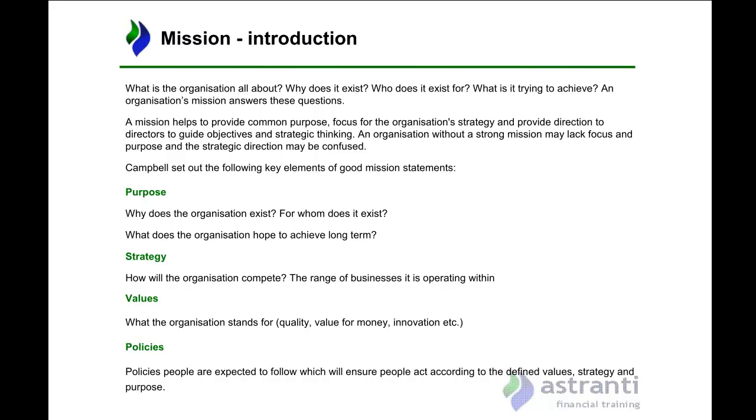Now values is more to do with what your organization stands for. I've listed a few examples here: quality, value for money, and innovation. Do we strive to be the most innovative company? Do we strive to give the best quality? Now, some information in the pre-seen does lead to this. On the first page it mentioned the strategy of hiring the best possible people for the job and rewarding them well.